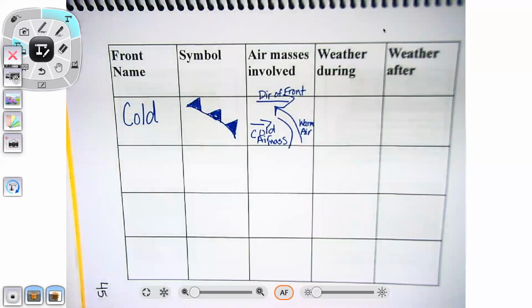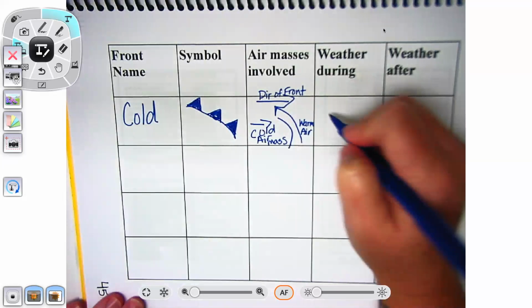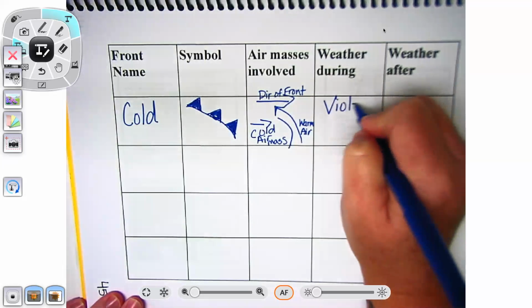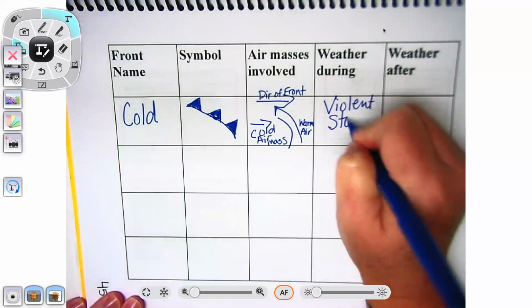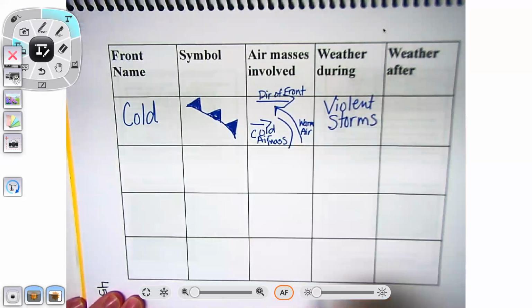Now, when that front comes through, we are going to have some violent storms. Violent storms can take place when a cold front comes through.